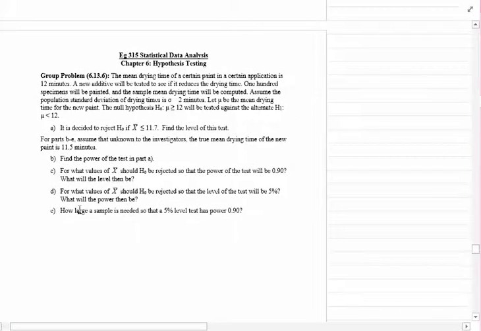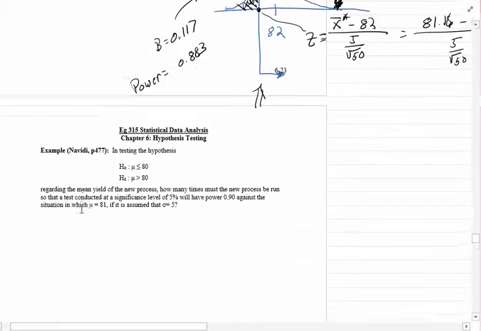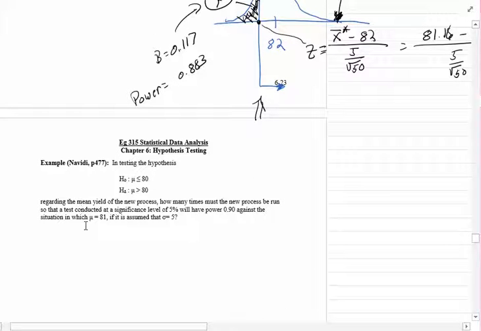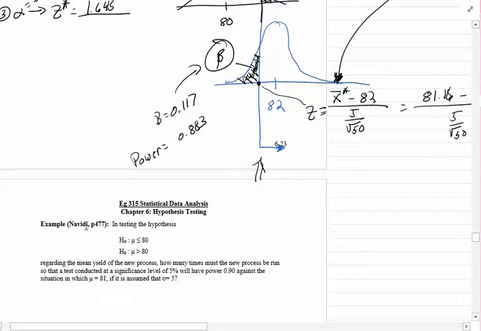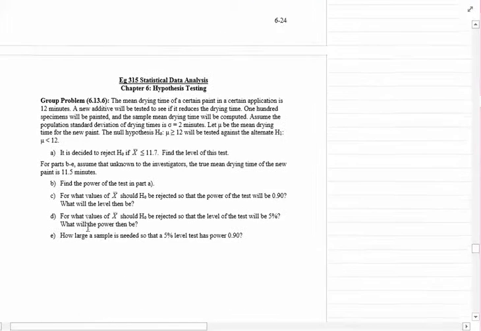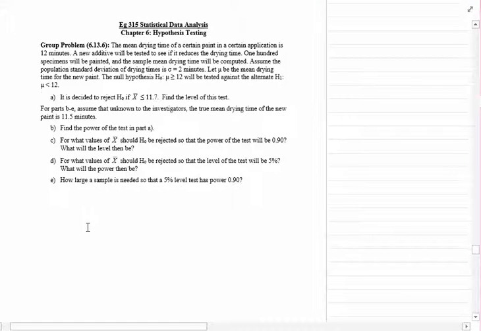And so the answer was 88.3%. Yep, 88.3% is the power. So yeah, let's just look at these parts correspond to what we just did. So let's break this group problem up and do it into this thing now and then another section later.